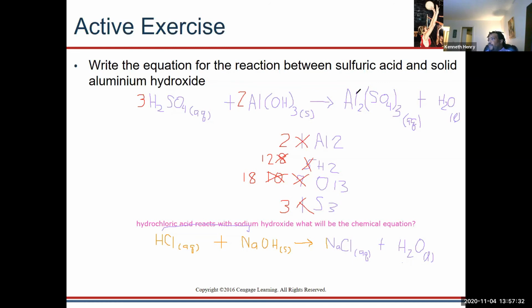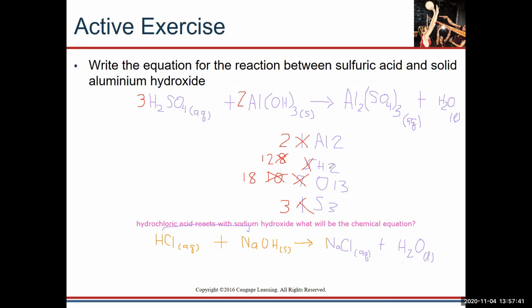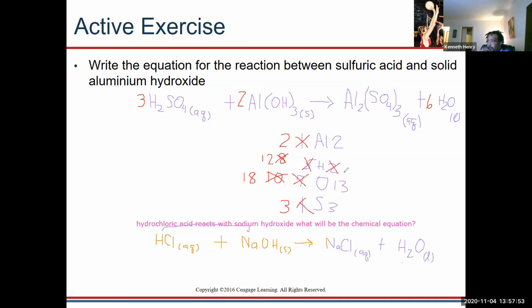Okay. So if we come over here, because there's only one hydrogen here on this side, I would do that one next. In order to get 12 hydrogen, you would need 6 on that side. So that gives me 12. Let's look at our oxygens.